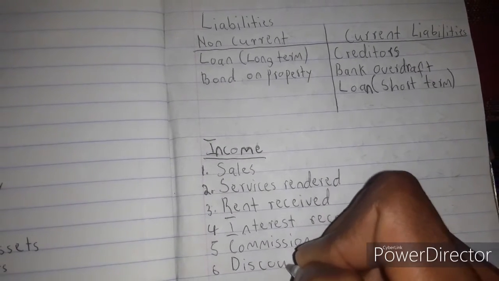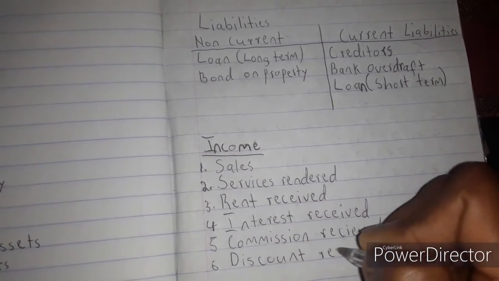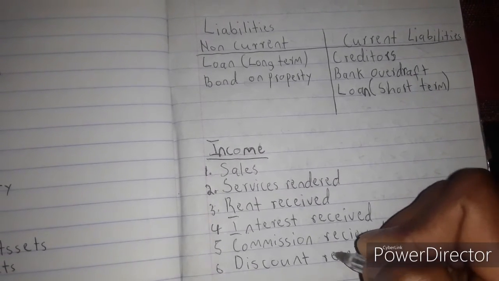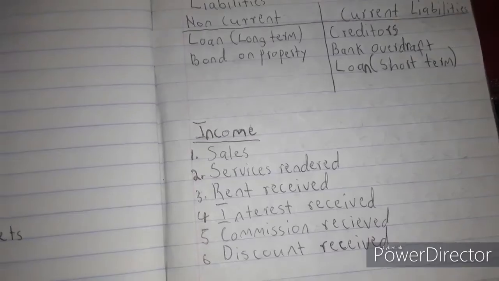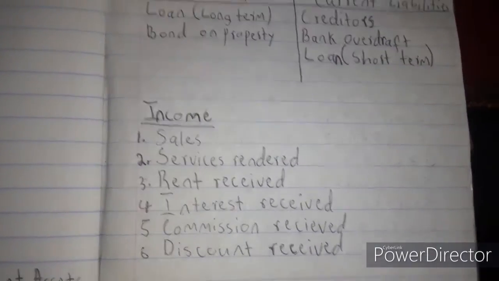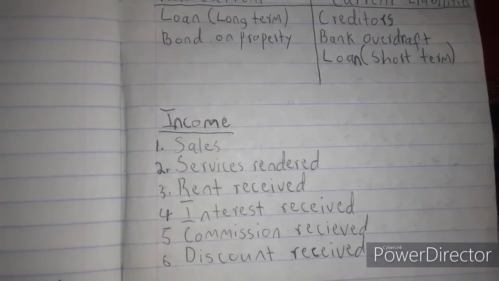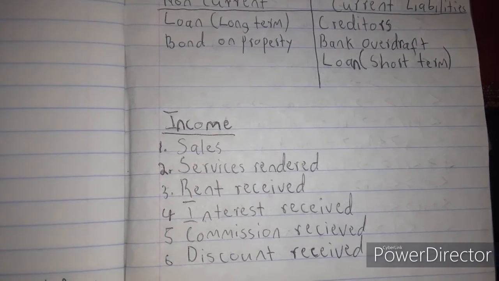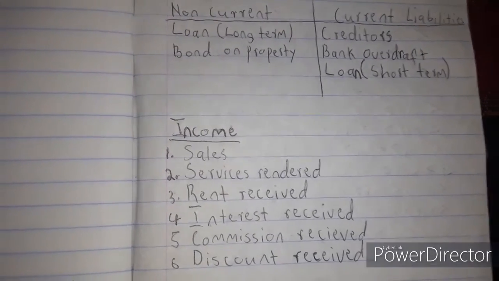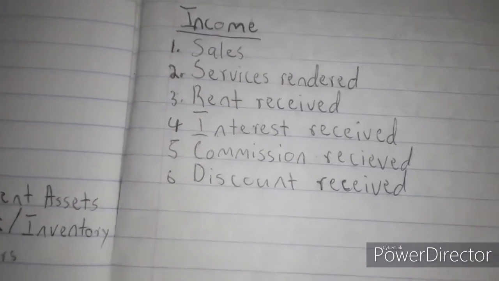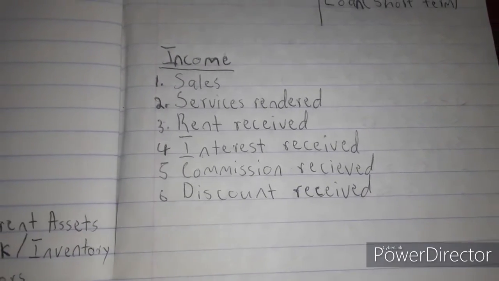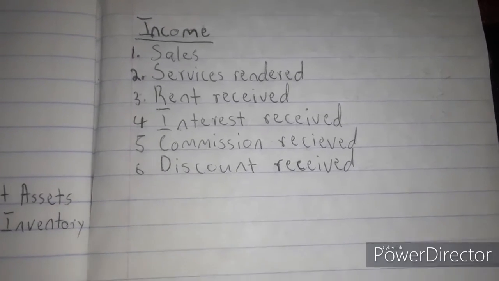Then there is discount received. Excuse my writing. Discount received is the amount received from creditors for early payment of the amounts owing to them.